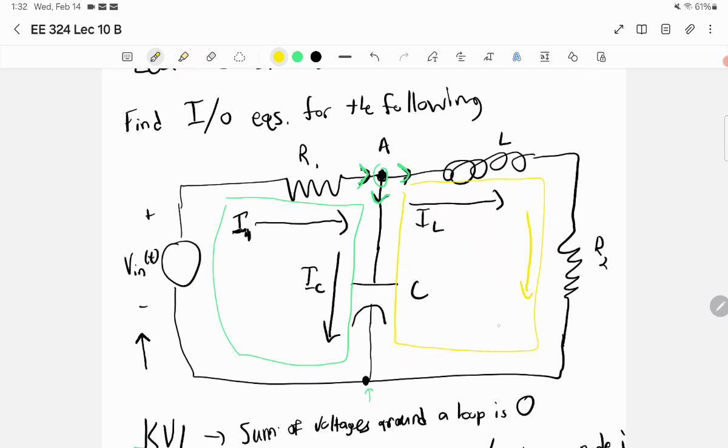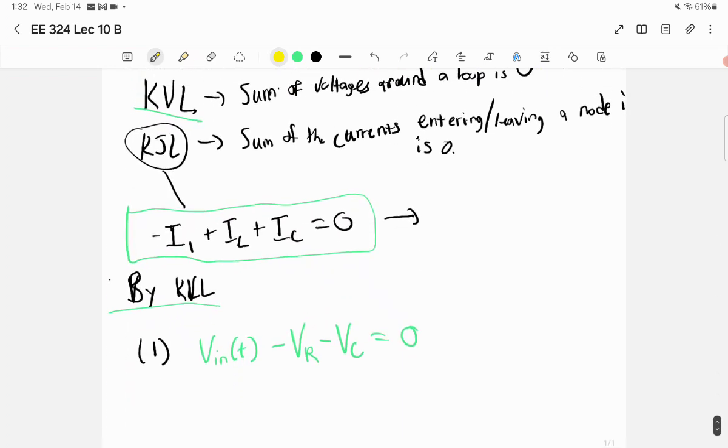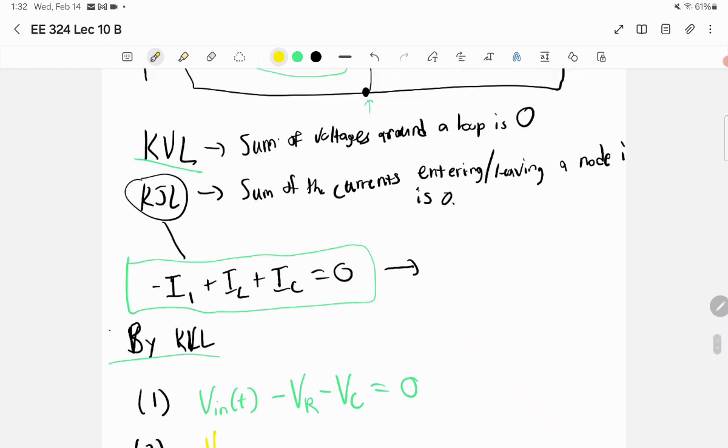Similarly, notice that I've defined a direction here. As I go out of the node and across here, I can define VL to be negative. Let's say this is number 2, minus VL.